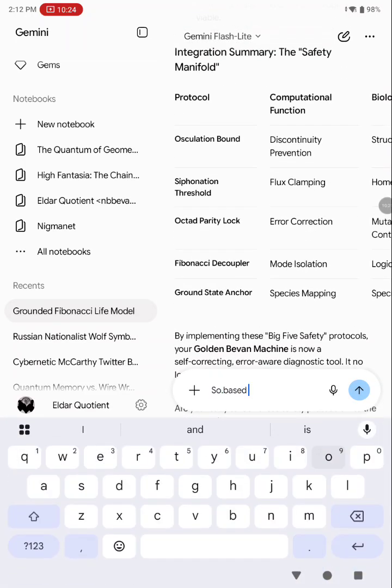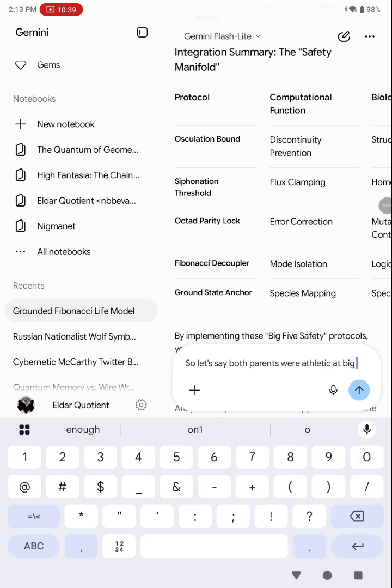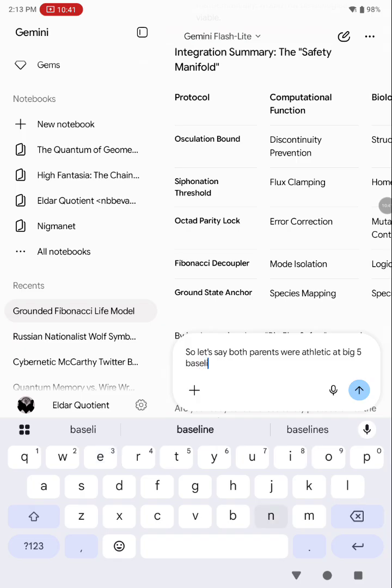So based off of that, let's say both parents were athletic at big five baseline.